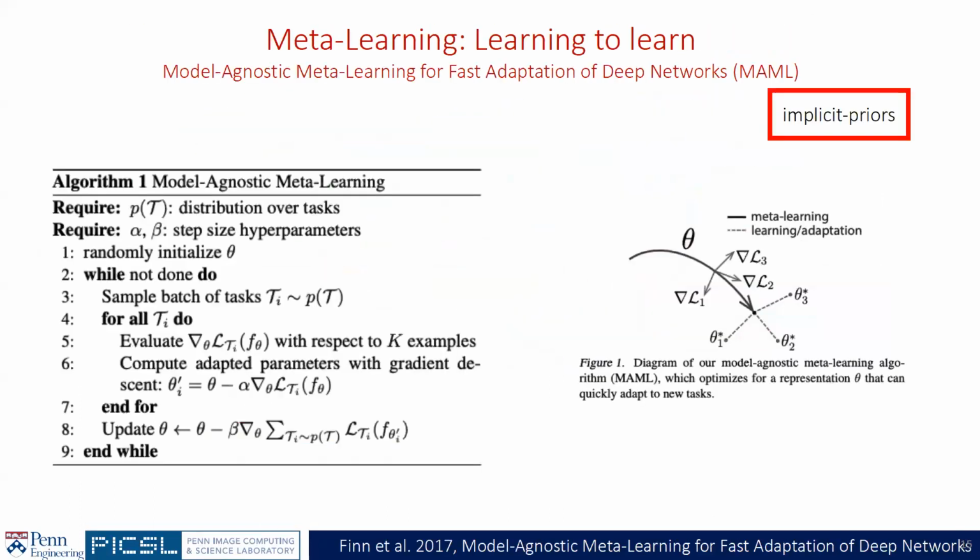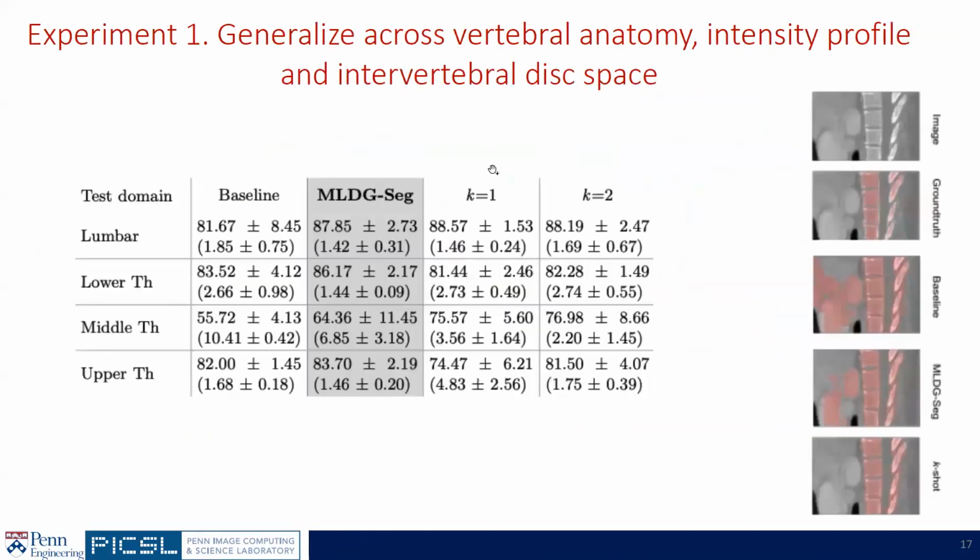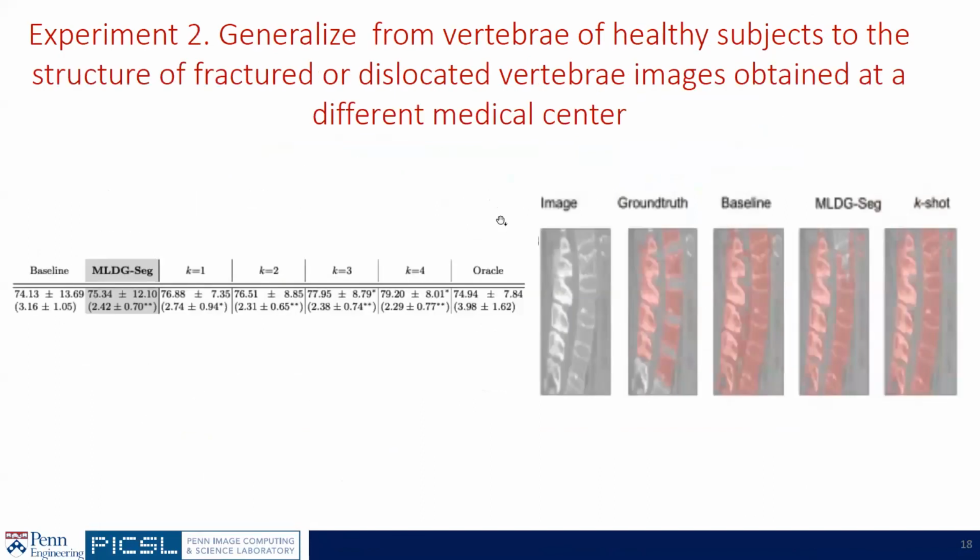So that's what we want to generalize to first: that a model is able to generalize across these particular settings, right? Then the other kind of generalization we can do is that you have a training set of source domains, which consists of a lot of healthy vertebrae, or vertebrae coming from healthy subjects. But at test time, you are given subjects with dislocated vertebrae, or which have fractures.